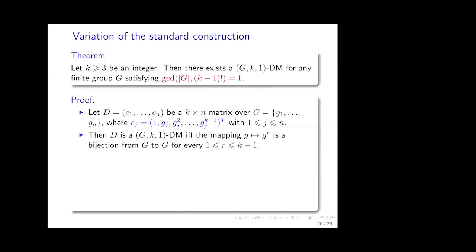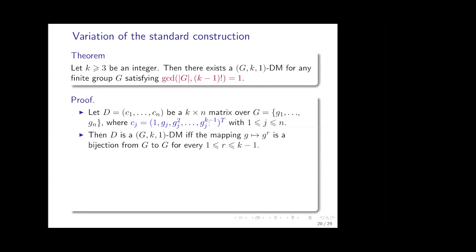I believe you are very familiar with this condition. That means the proof is very similar to our first example. The idea is very simple. Okay, we look at this proof quickly. Let D be a K by N matrix with the jth column like this: the first element is 1, second Gj, the third Gj square, up to Gj to the K minus 1.